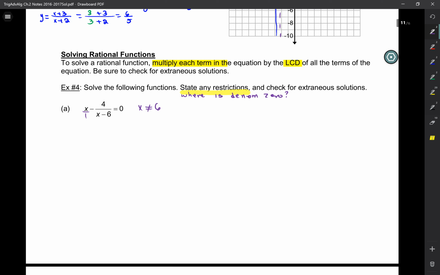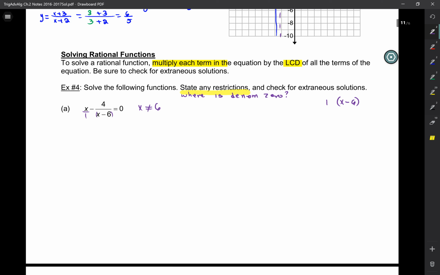Now, how many denominators do I have here? 1, 2. I have a 1 and I have an x minus 6. What's the common denominator between them? If you have a 1 and an x minus 6, the common denominator is x minus 6.